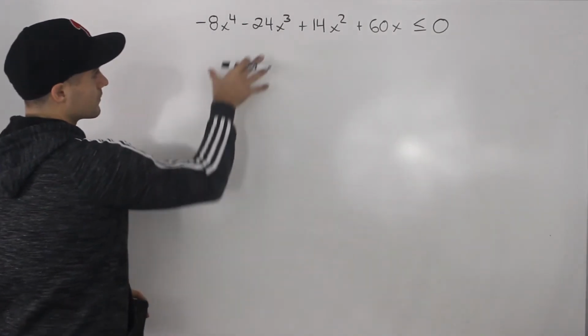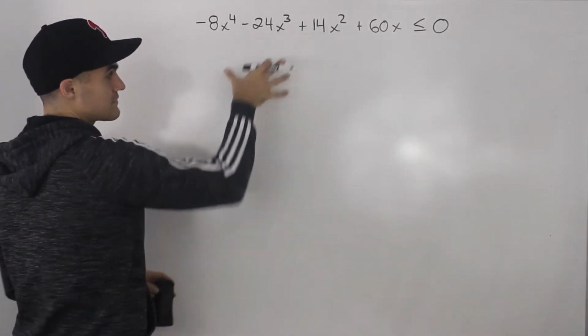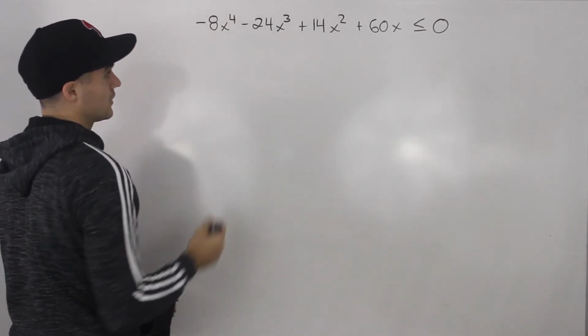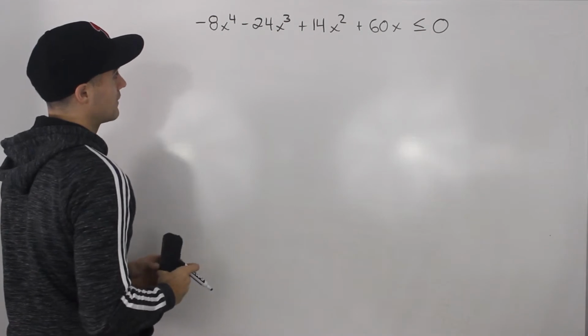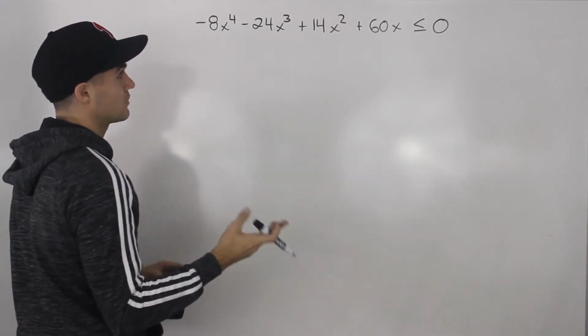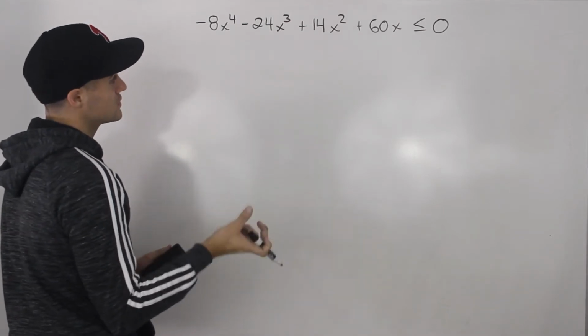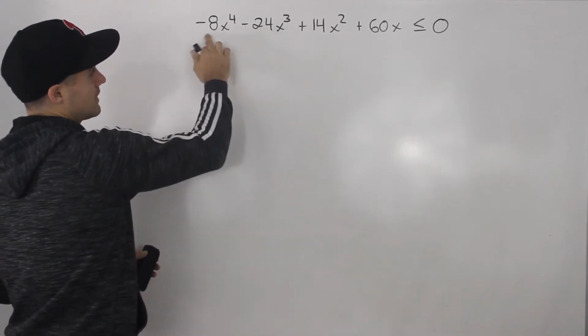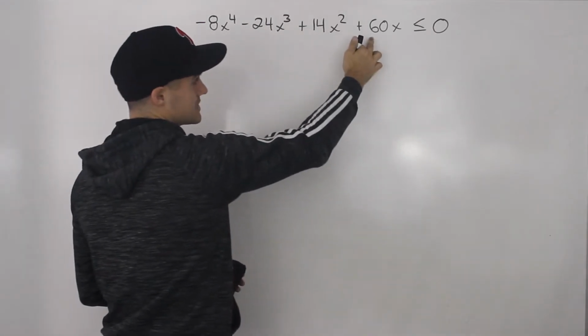So now what we have to do is take this left side and factor it. And notice how we have a degree of 4 here, so we're going to have to go through a bunch of factor theorem and a bunch of long division. First thing you want to check though, can you take anything out? Well, notice negative 8, negative 24, 14, 60.